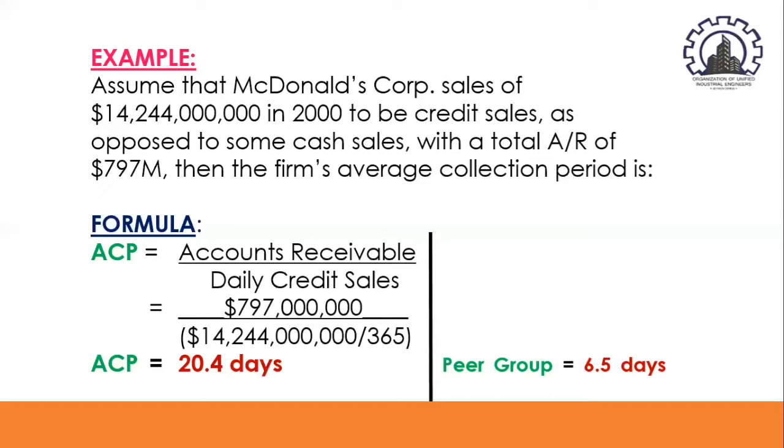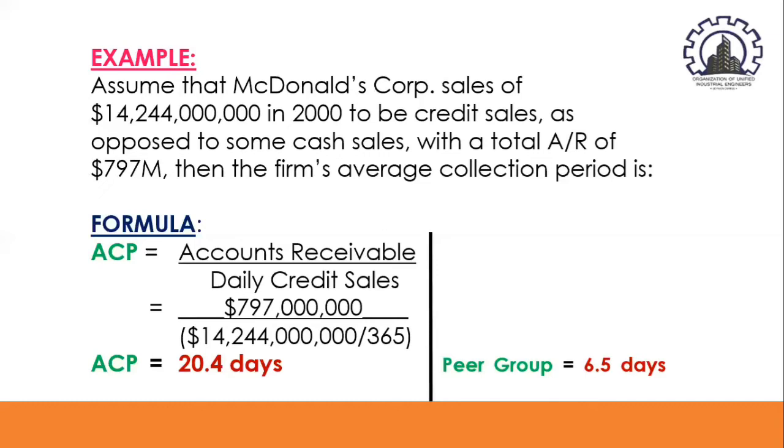So therefore, our average collection period is 20.4 days with respect to McDonald's Corporation, compared to the peer group, which has 6.5 days. So what is meant by this? 20.4 days for McDonald's, and the peer group is 6.5 days.